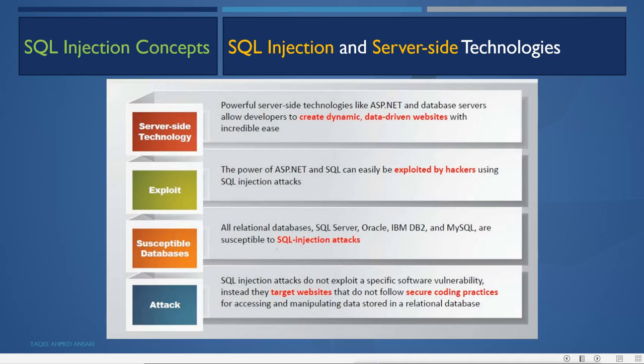SQL injection attacks do not exploit a specific software vulnerability. Instead, they target websites that do not follow secure coding practices for accessing and manipulating data stored in a relational database. So it is actually exploiting the vulnerability of not practicing secure coding.